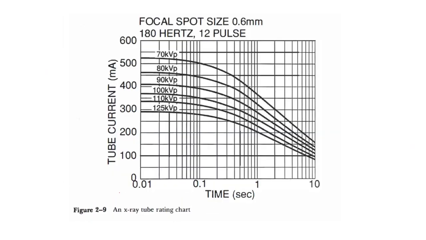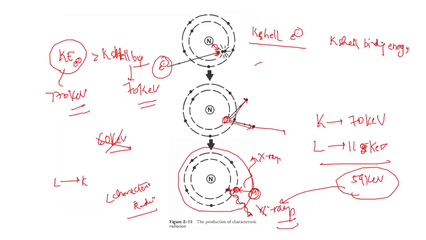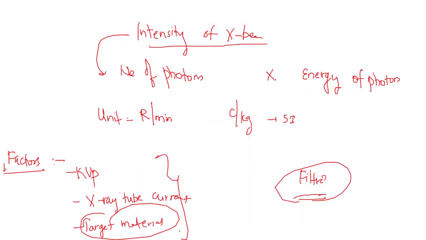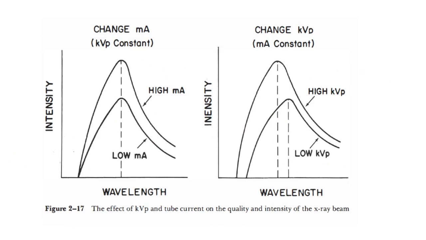Then we should learn the other factors. This is about the target; we have learned about the target material. Next we have to learn the factors affecting the intensity of the X-ray beam, that is kVp and tube current. If you draw intensity against wavelength for different kilovoltage peak, as the voltage increases, the intensity increases, but the wavelength remains the same.